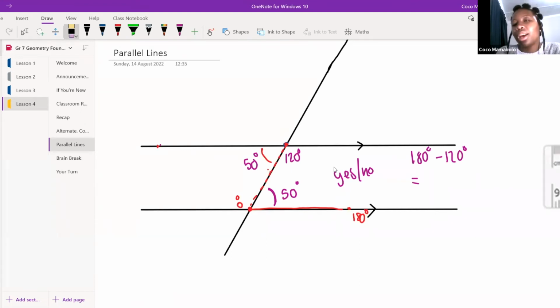Caleb, I want you to explain to me what not really means. We should get the same answer on both sides. And if you don't know why we're taking 180 and minusing whatever that other angle is, I need you guys to go and watch lesson 1 and lesson 2 again. I explain in those lessons why we measure that way.